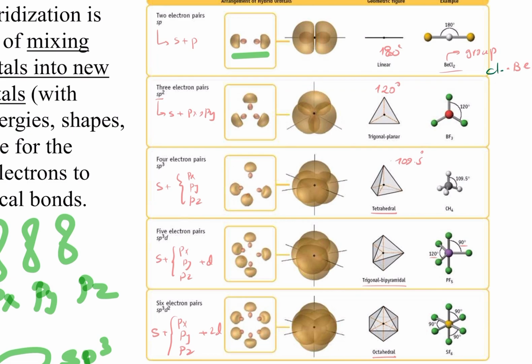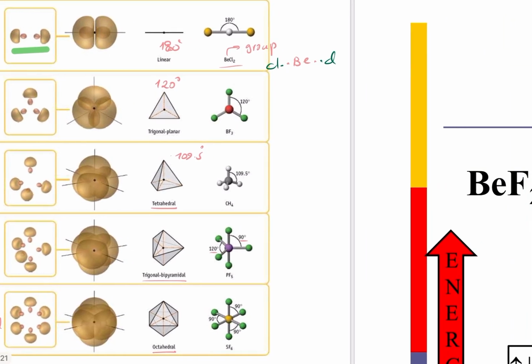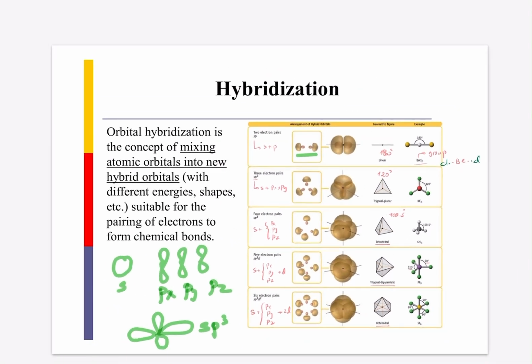Methane, carbon is group 4, and with sp3 can make 4 identical bonds. Other examples are PF5, phosphorus group 5, and SF6, sulfur from group 6; we can have these systems.